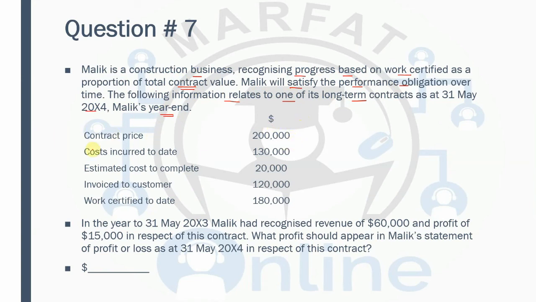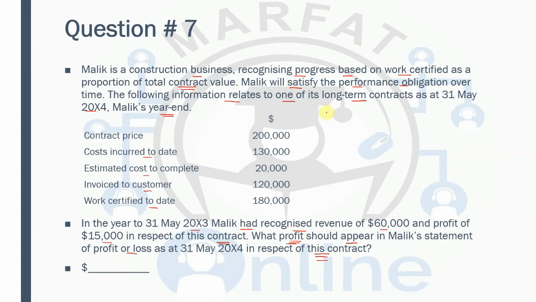We have the contract price, cost to date, further cost, invoice to customer, work certified to date. In the year to 31st May 2003, Malik had recognized revenue of 60,000 and profit of 15,000 in respect of this contract. What should appear in the Malik statement of profit or loss in respect of this contract? What profit? So we need to calculate the profit.